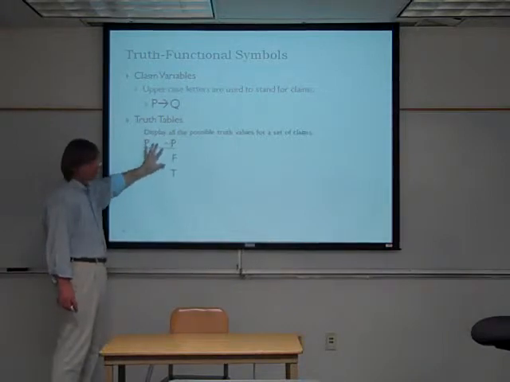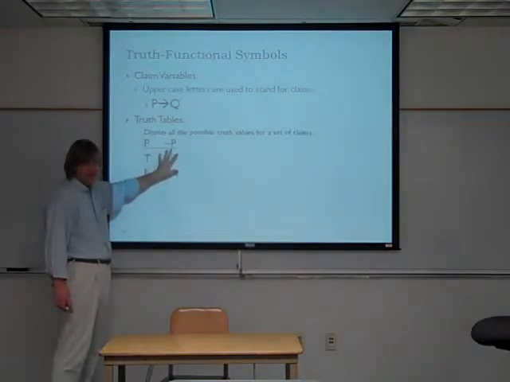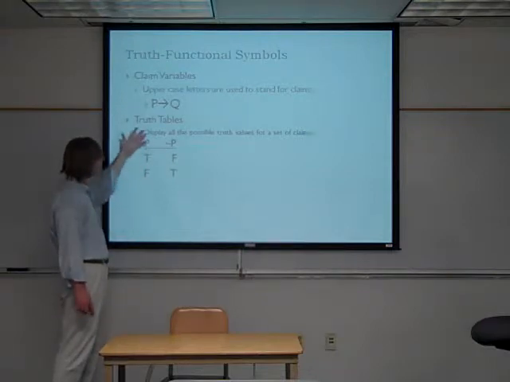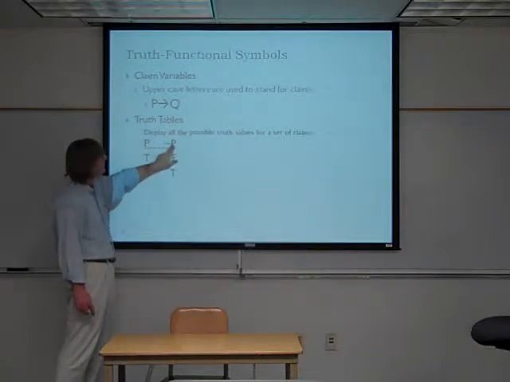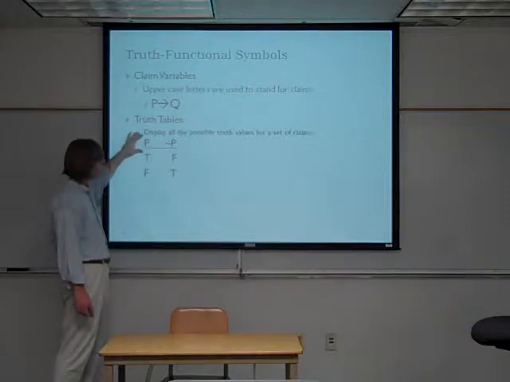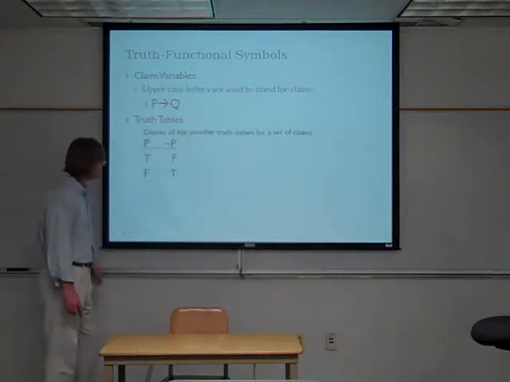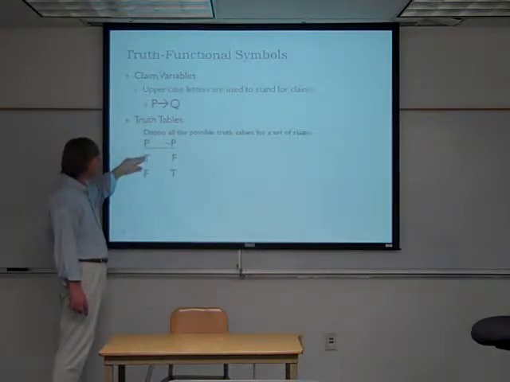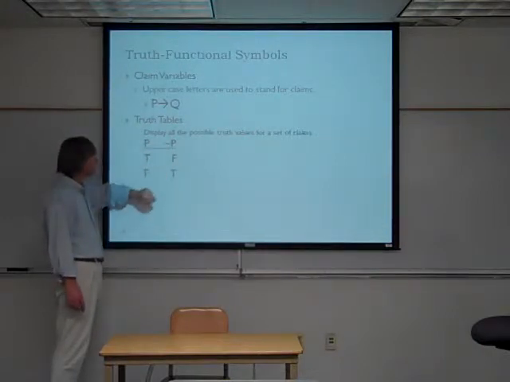Then we're going to construct, in one version of testing the validity of arguments in propositional logic, truth tables. And we consider the values of certain claim variables based on the truth values of other related claim variables. So if we make P true, well then not P is going to be false.